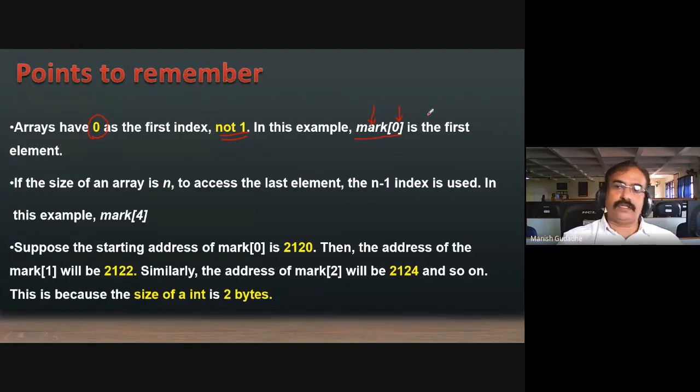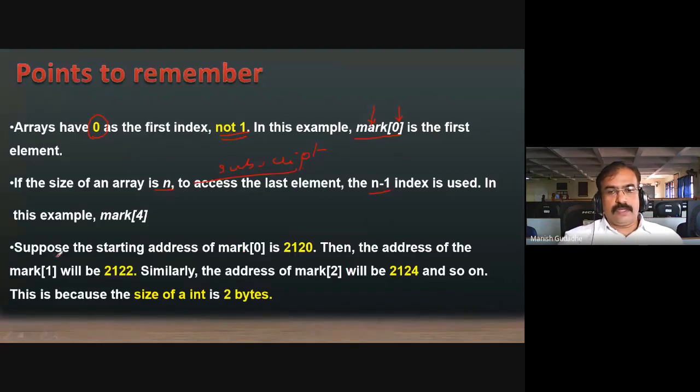This index is also called the subscript, or subscript variable. Remember that the subscript is the index of that array. If the size of the array is n, then the last index will be n minus 1.